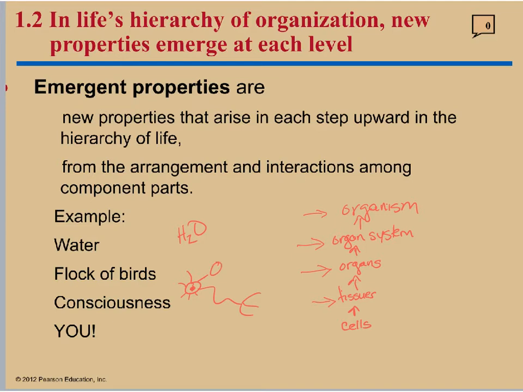You need to have trillions, or I shouldn't say trillions, billions of nerve cells all coming together to create a brain that allows you to be conscious of your surroundings and think and remember and learn and progress.